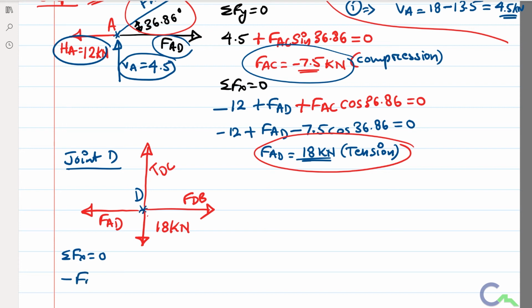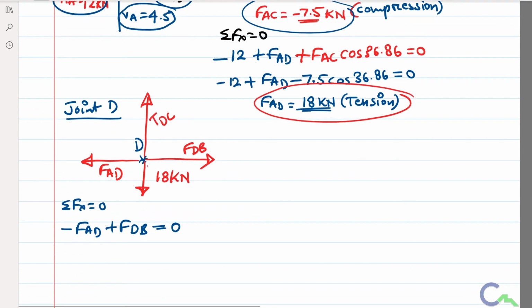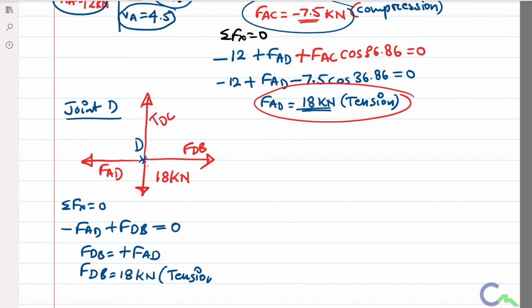Therefore minus FAD plus FDB is equal to 0. Therefore FDB is equal to plus FAD. Therefore FDB is equal to FAD, we got 18 kilonewton and we got a positive answer, therefore it is tension.